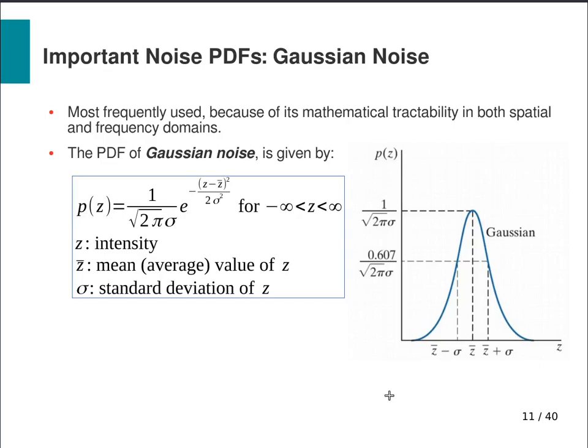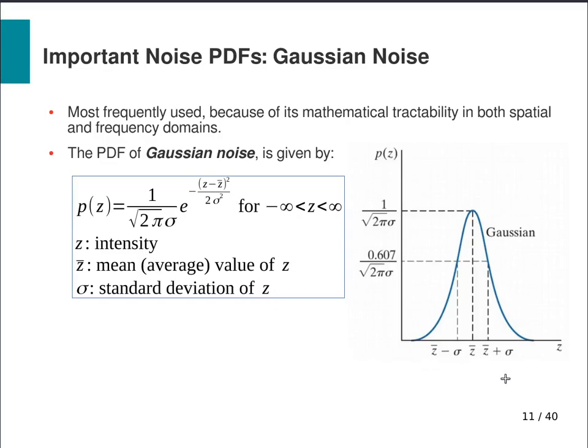The PDF of a Gaussian noise is given by this equation: p(z) equals 1 over square root of 2 pi multiplied by sigma, times e to the negative (z minus z bar) squared over 2 sigma squared. This function spans from negative infinity to positive infinity. In this equation, z represents the intensity, z bar is the mean or average value of z, and sigma is the standard deviation of z.